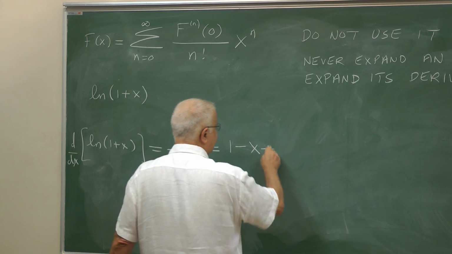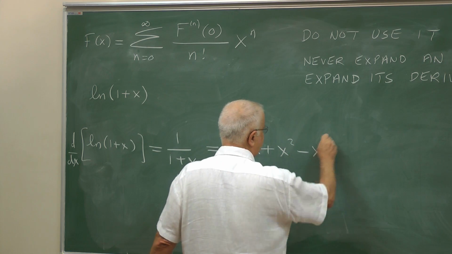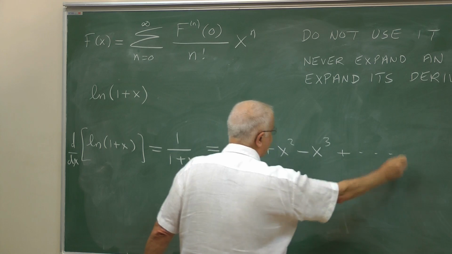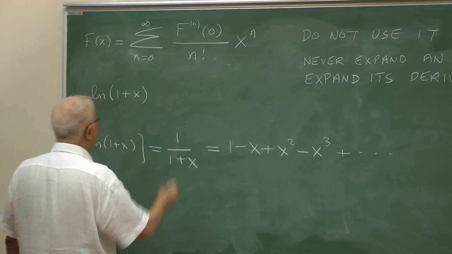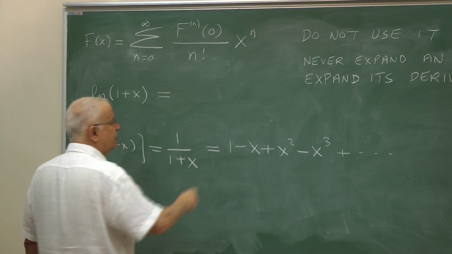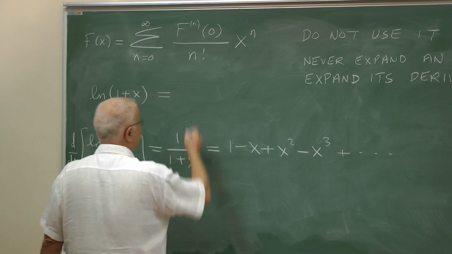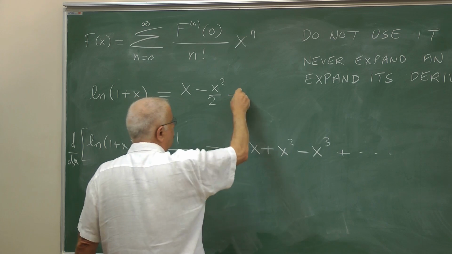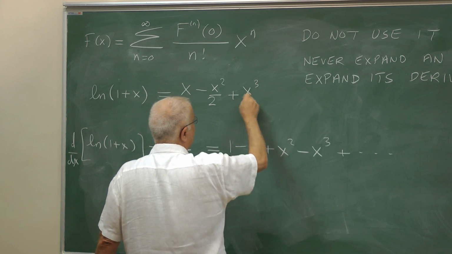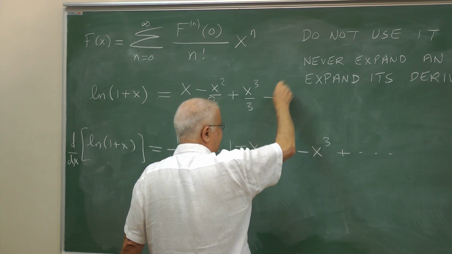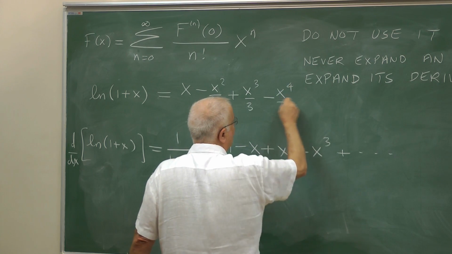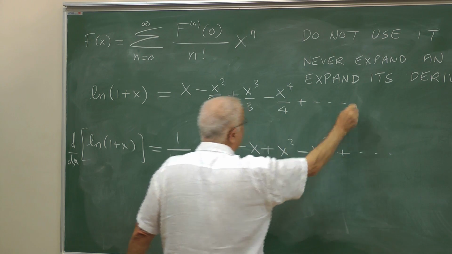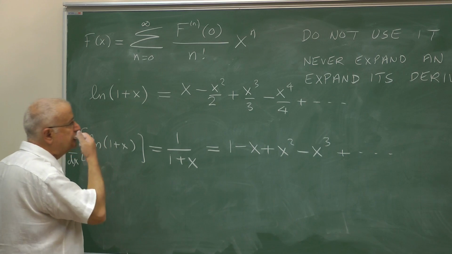This is 1 minus x plus x squared minus x cubed plus etc. So ln 1 plus x is the integral of this, which is x minus x squared over 2 plus x cubed over 3 minus x to the fourth over 4 and many other terms.